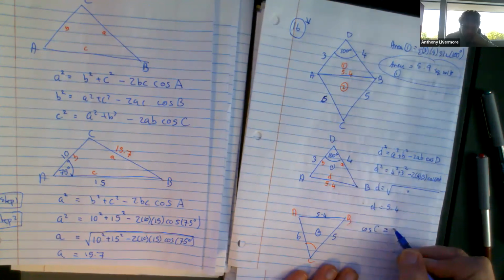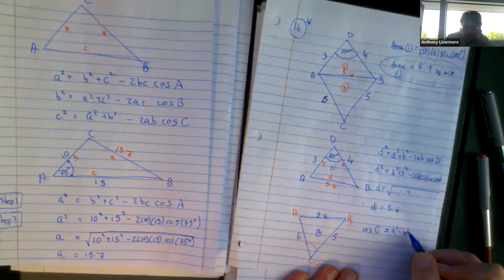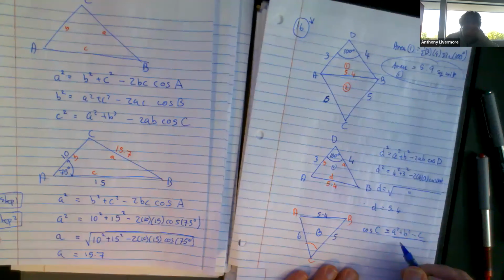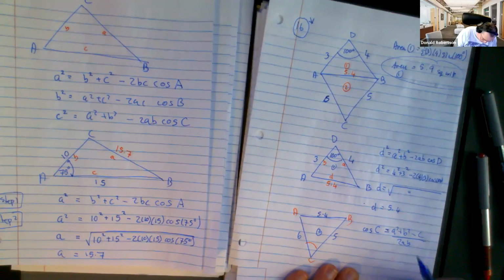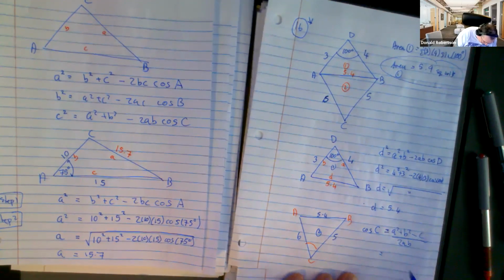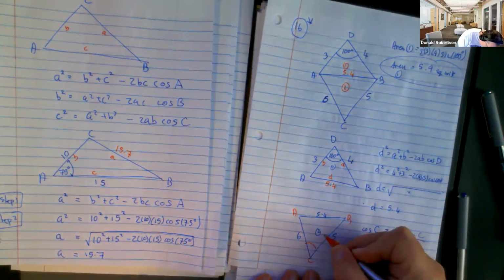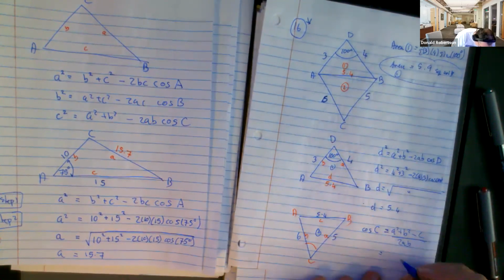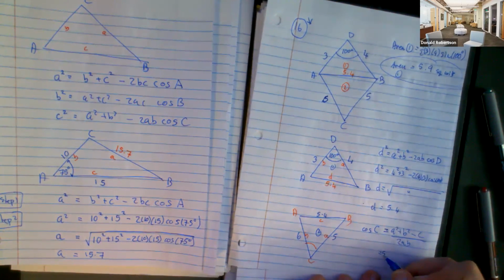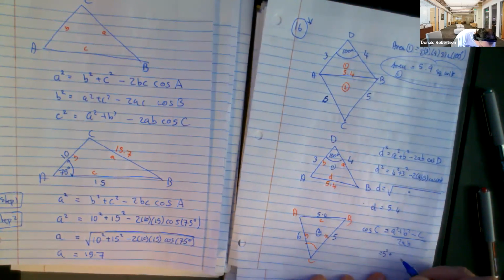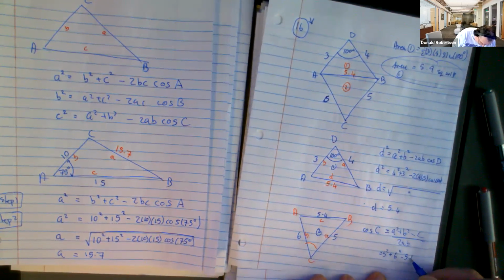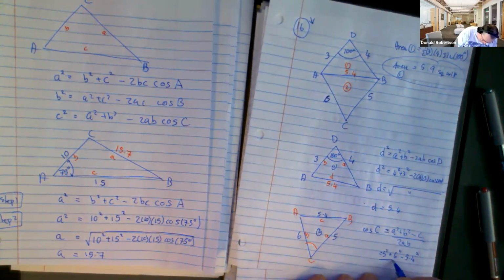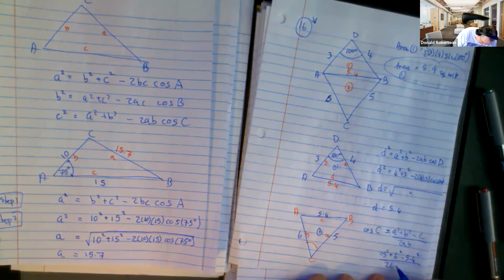A squared plus B squared minus C squared over 2AB. Okay. So in this case, little a is 5, little b is 6, and little c is that guy. So it is going to be 5 squared added to 6 squared, take away 5.4 squared, all over 2 times 5 times 6.